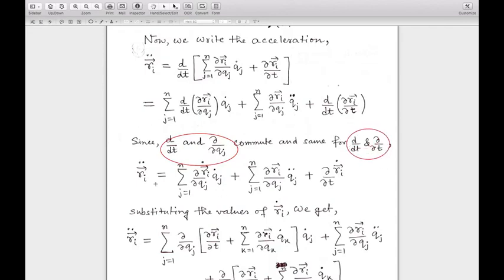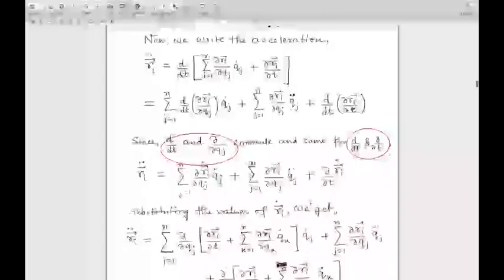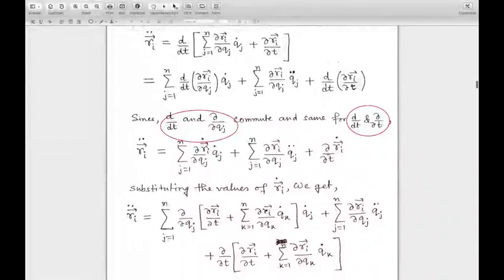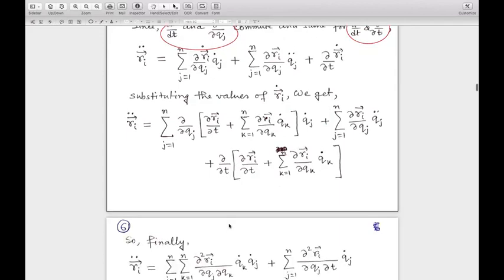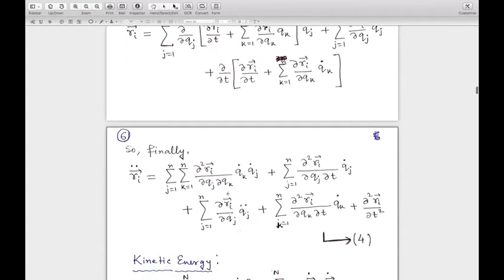Using this, we simply can have Ri double dot equal to the summation over j of d/dt of del Ri del Qj times Qj dot, plus del Ri del Qj times Qj double dot, both summed over j, plus del Ri dot del t. Again, you can substitute the values of Ri dot in this total expression, and that will simply give you this bigger expression. And we finally have 5 types of terms.